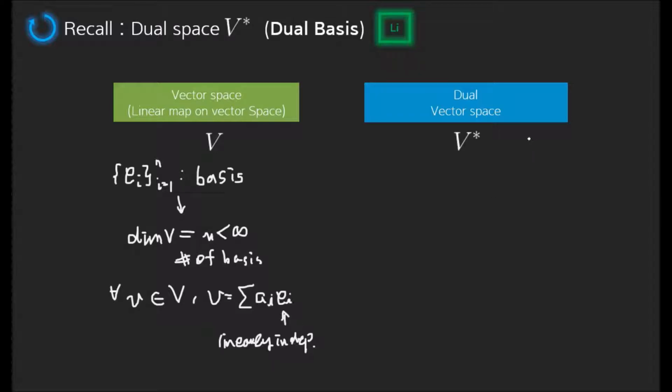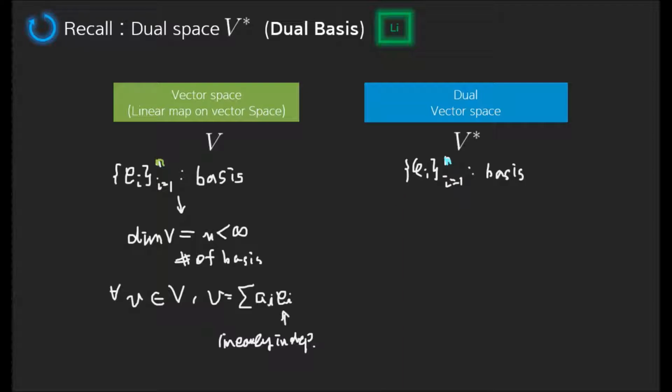And then consider the dual basis. What is the basis of the dual vector spaces? In the dual vector spaces, the coordinate functions are the basis. And by the theorem, the number of basis elements in the vector space is equal to the number of dual basis elements.